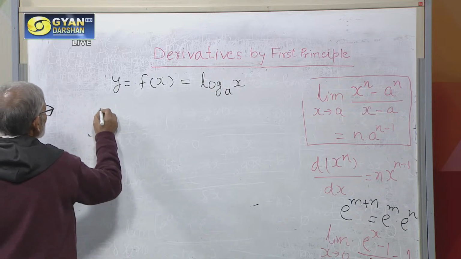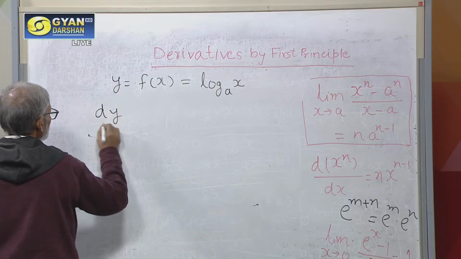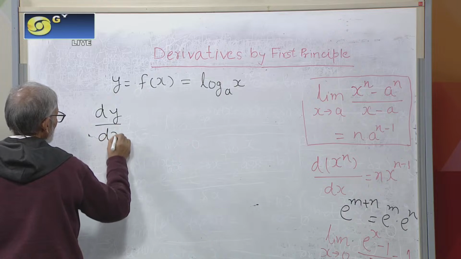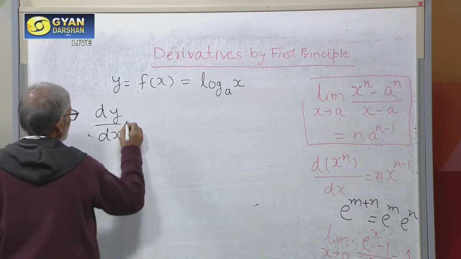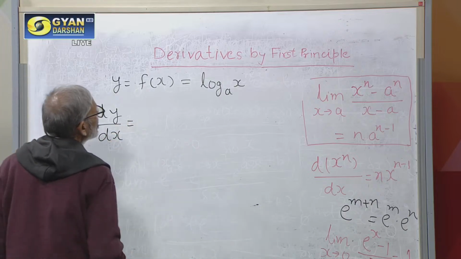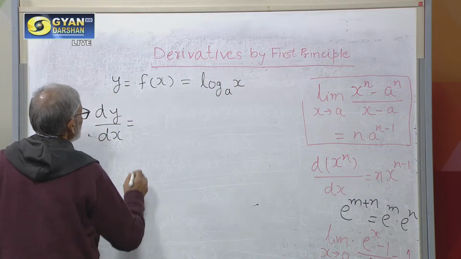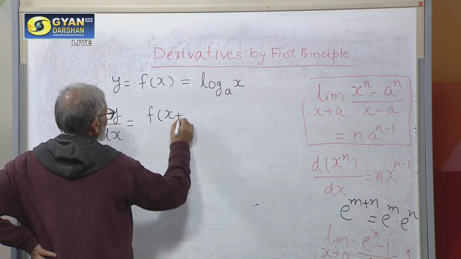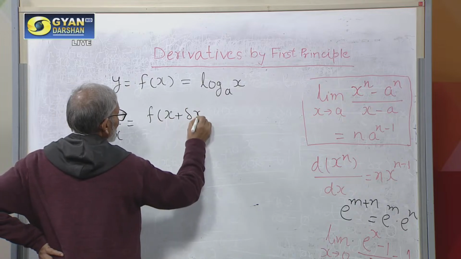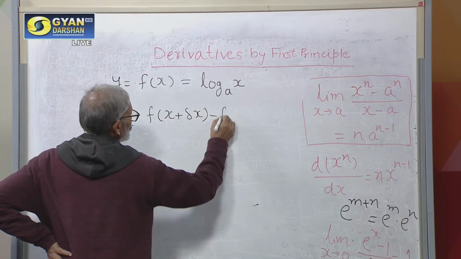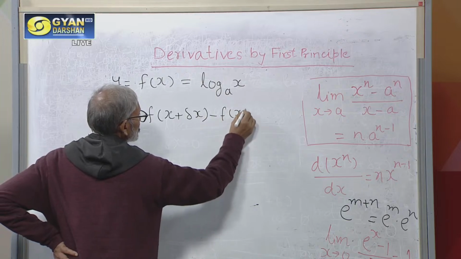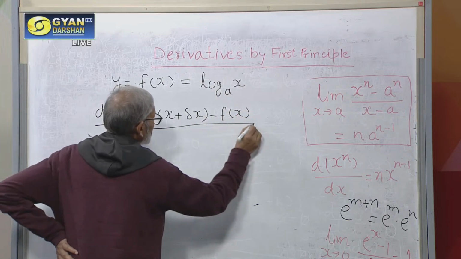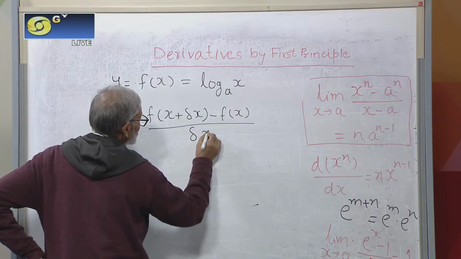So, by first principle, dy by dx is equal to f(x plus delta x) minus f(x), divided by delta x.